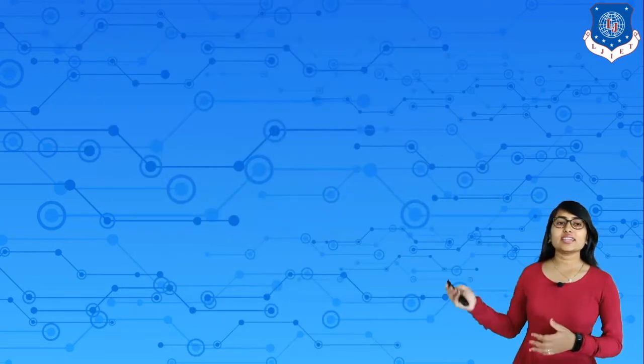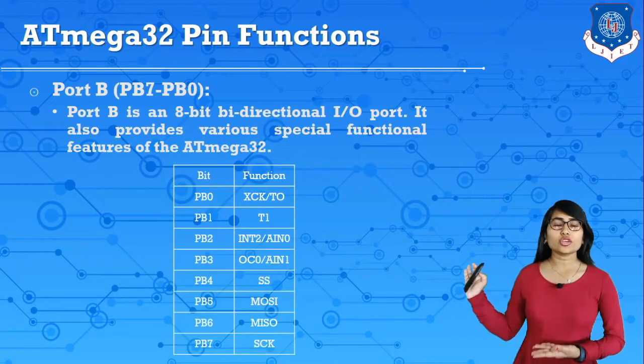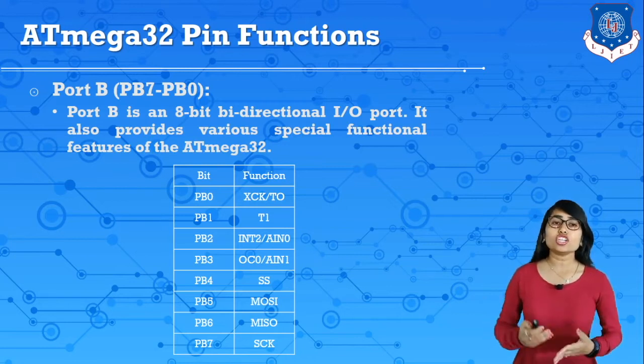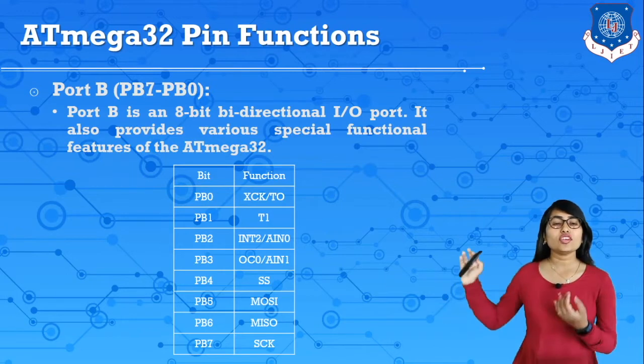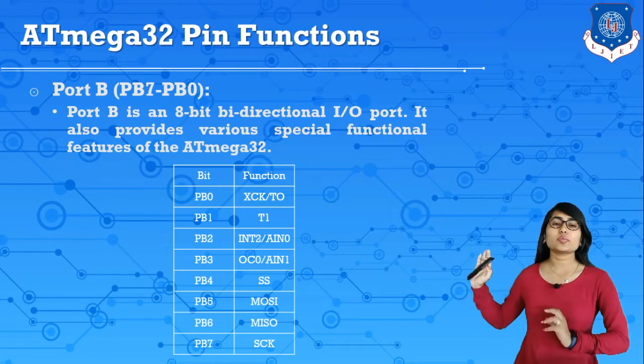Then next there is port B. Port B is also 8-bit. This port B is an 8-bit bidirectional input output port. It also provides various special functions and features of the ATmega32. Here there is a list of each and every bit related to port B and their specific functions.